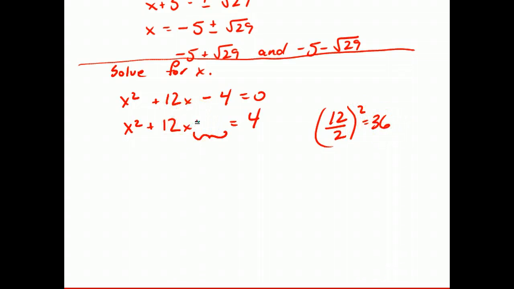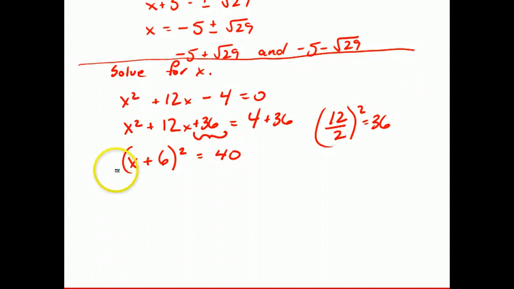So I'm going to add 36 to this side. And to keep the equation equal, I'm going to add 36 to this side. And I'm going to rewrite and factor this trinomial as the binomial perfect square that we created. So x plus 6 all squared is equal to 40.